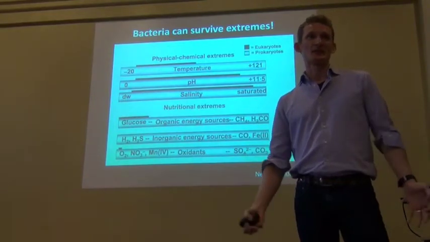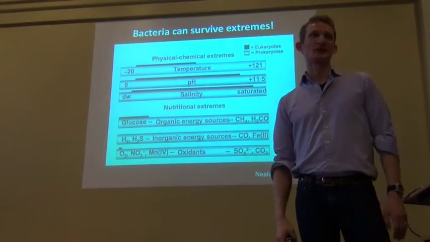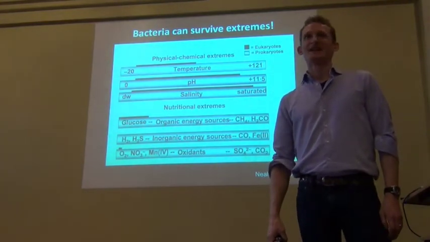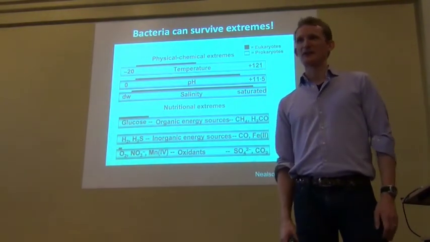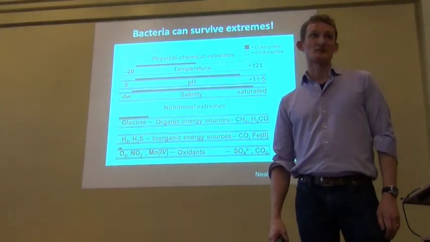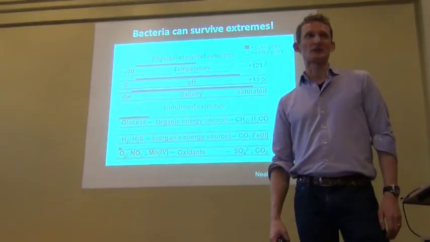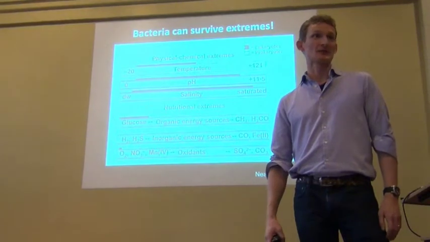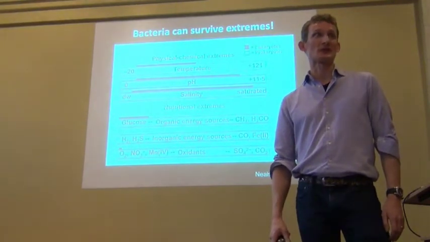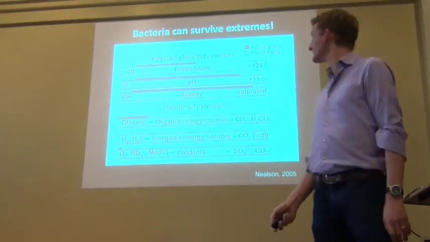But if you were to go outside naked at -20, you would really struggle. And it's the same for a bacteria. They can't grow very quickly at these very low temperatures, because all of the chemistry that they do slows down tremendously. It goes really slowly.